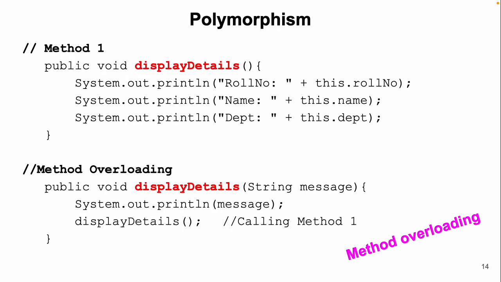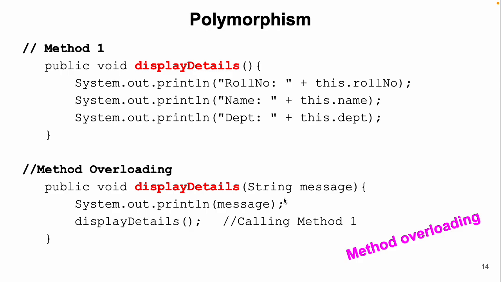The same way for method overloading. Here I have a method named displayDetails with no arguments. Similarly, I have a displayDetails method with one argument of type message.